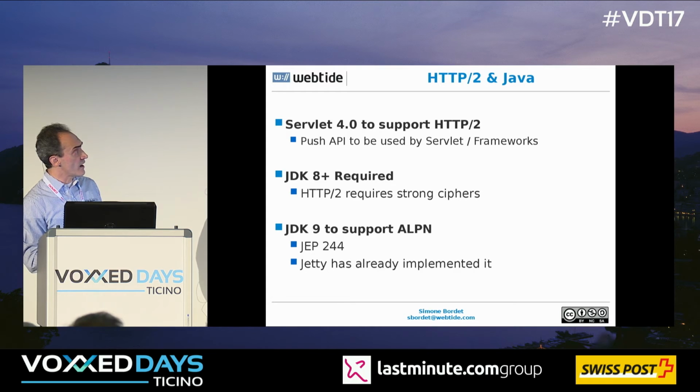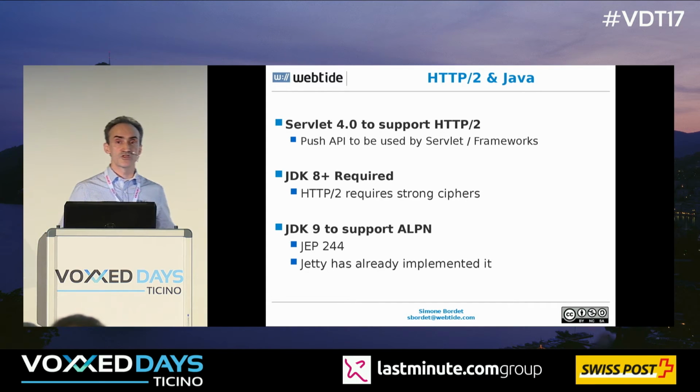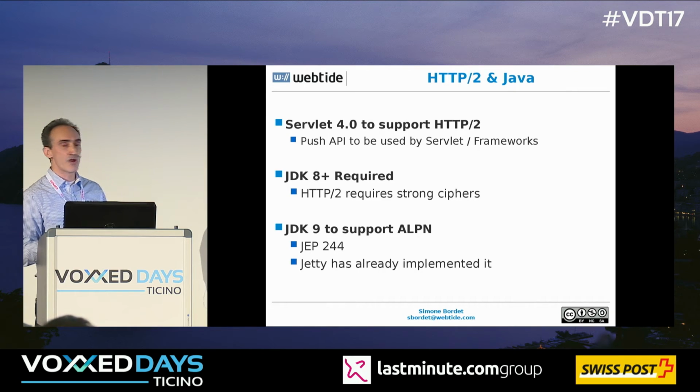And JDK 9 has support for a very specific feature called ALPN, which is a prerequisite for HTTP2 to work. It's kind of a low-level detail, but it is in JDK 9, so if you're playing with implementing this in Java, it's there. And we have already implemented it.